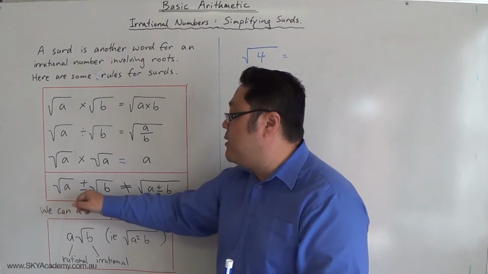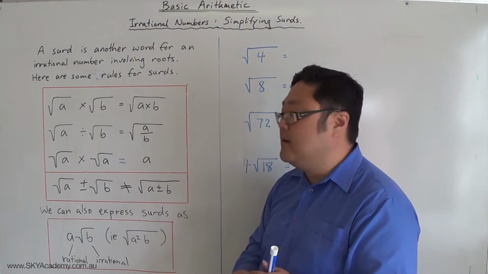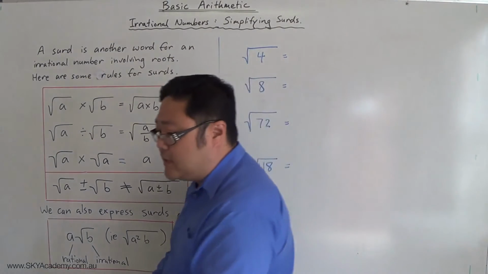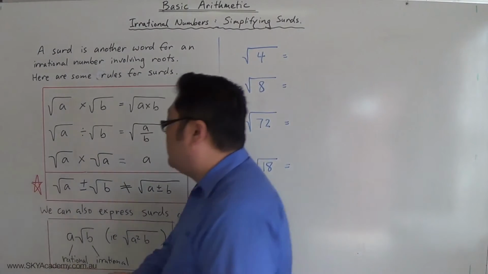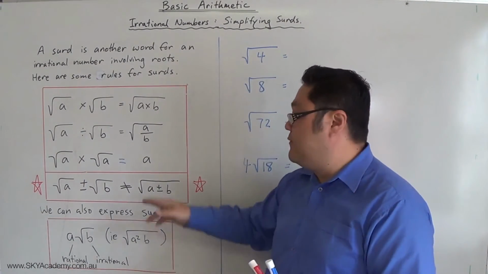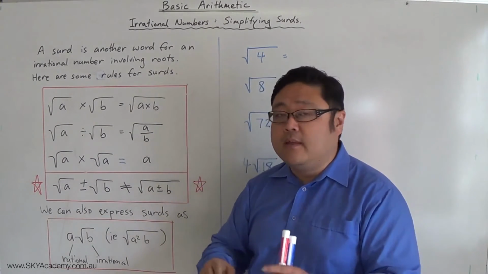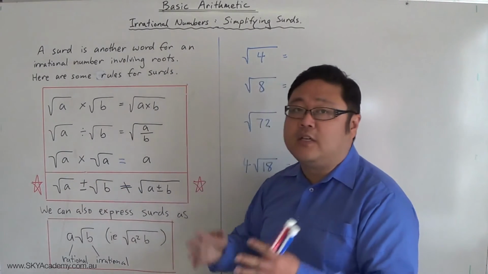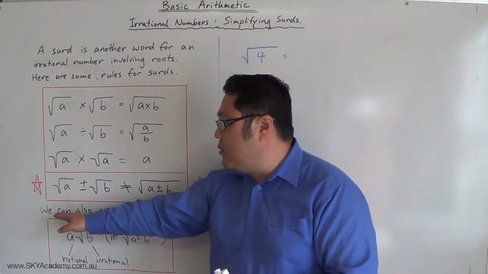The square root of A minus the square root of B will not give you the square root of A minus B. So I just want you to make a big fat note of that one, because that's very important, and I'll go through in the next episode how you deal with the sum of surds, when you've got two surds and you've got to add them together or subtract them from each other.